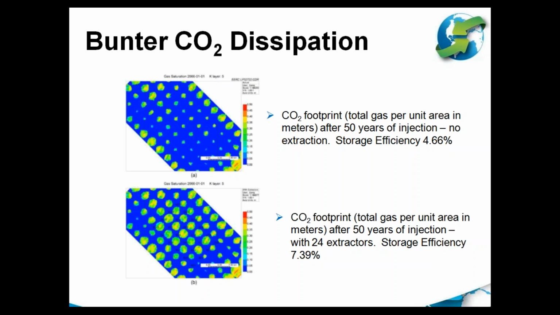But of course, what you're trying to do with all this modeling attempt is to at least get a first approximation of the level of efficiency and capacity that can be achieved with extraction.